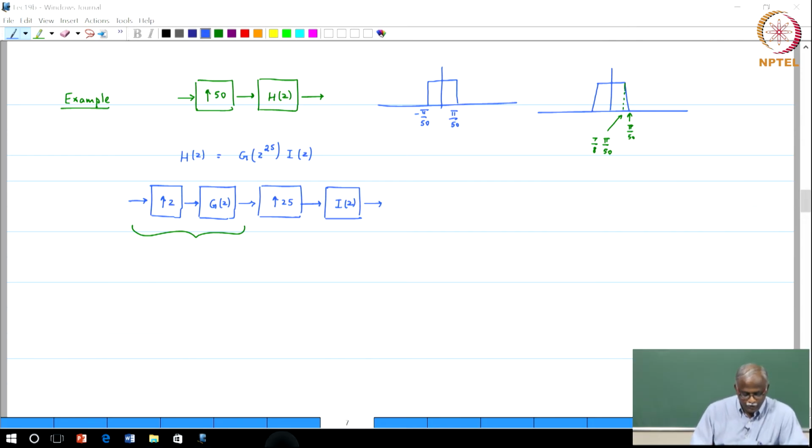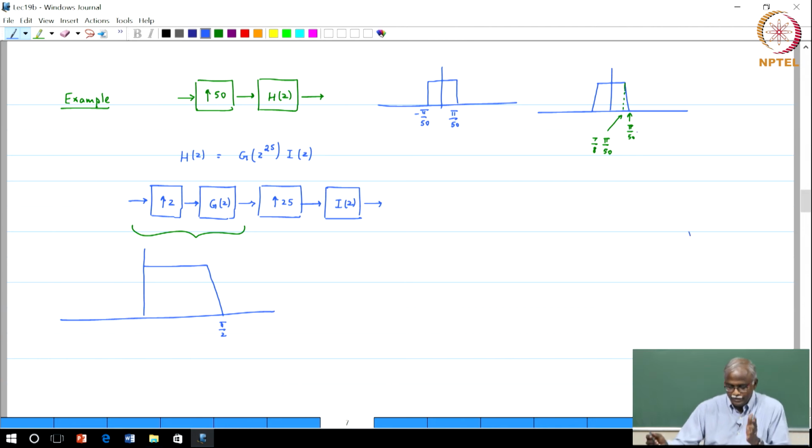If I were to look at this particular signal, it's upsampling by a factor of 2. So the G of Z should actually cut off at pi over 2, right. G of Z should cut off at pi over 2, and keep in mind that we are basically going to retain the same passband relationship.